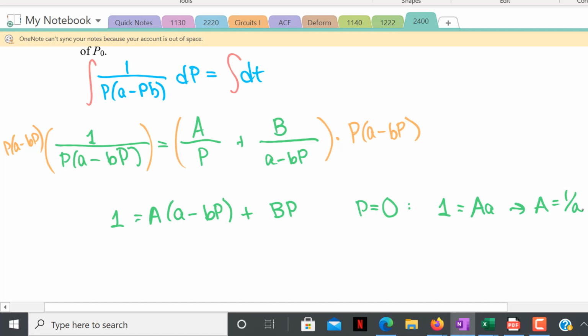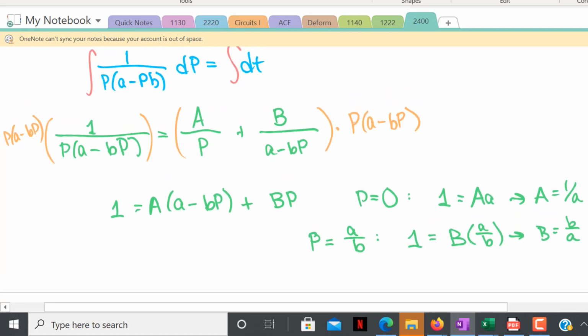And then I would substitute in P equals a over b. And I would get 1 equals, now the first set of parentheses is 0, and I would just have capital B times little a over little b, multiplied by the reciprocal. So capital B is equal to little b over little a.